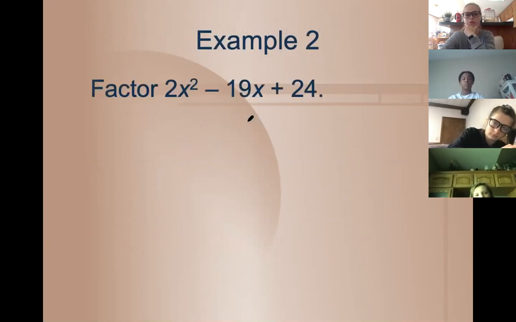Let's do another example. 2x squared minus 19x plus 24. Okay. All right. Well, there's a couple different ways that you can do it, okay?